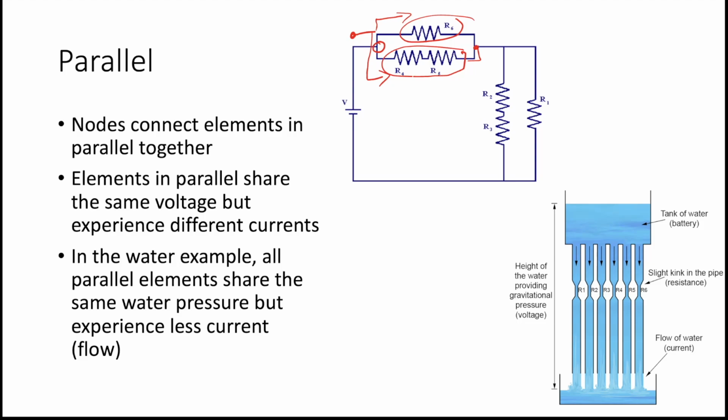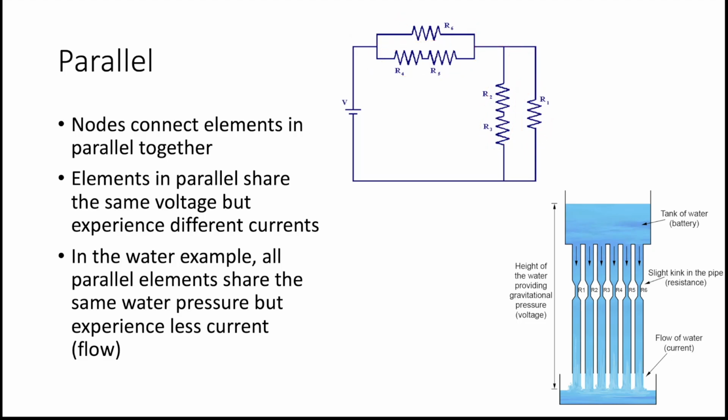They combine back after these elements, and we draw our line again, but then now we hit another node where we have paths for current flow. So these elements now become in parallel with each other.